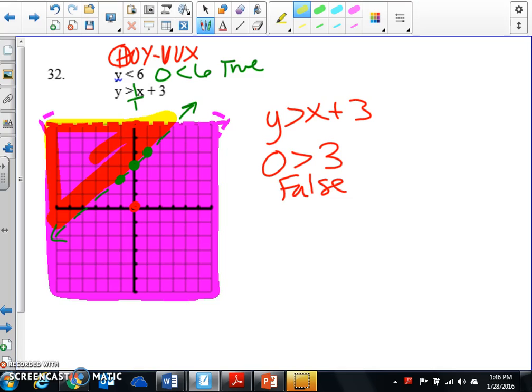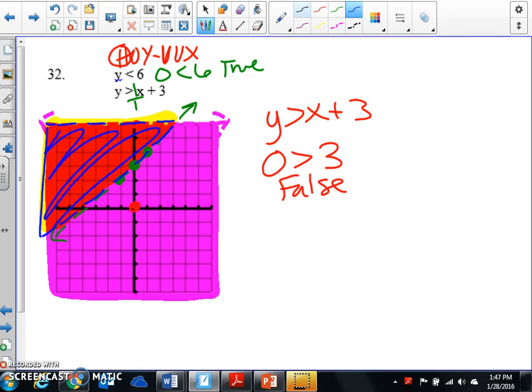I'm highlighting yellow, but it's turning red. So my solution to this graph is the red and the red only. And remember, I like for you to go back and make sure that you define that these are both dashed lines.